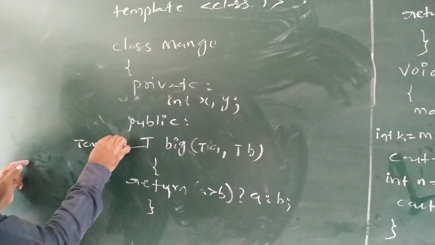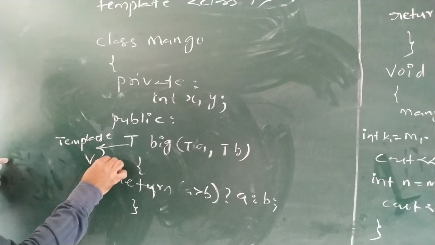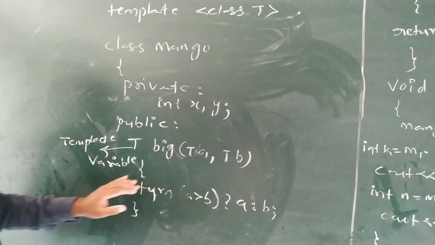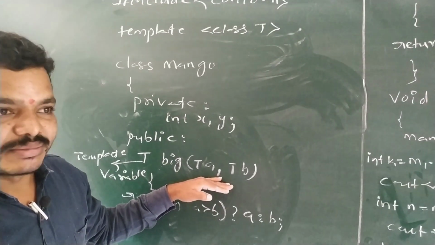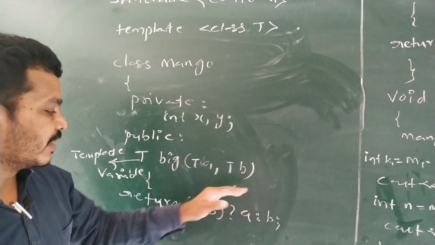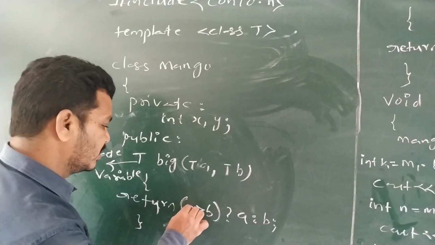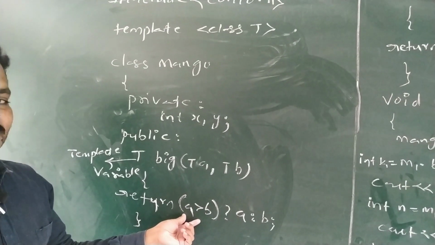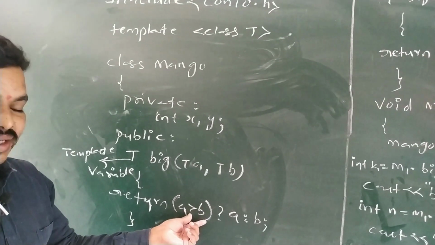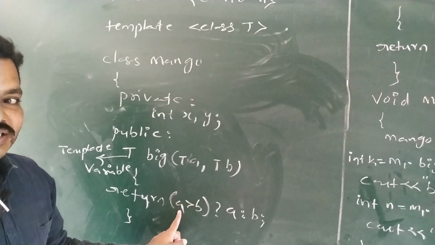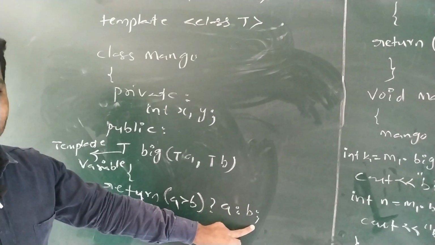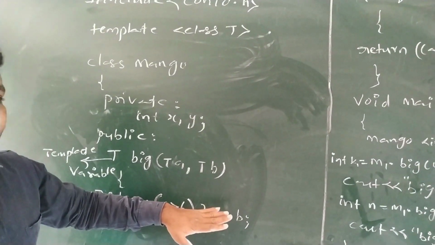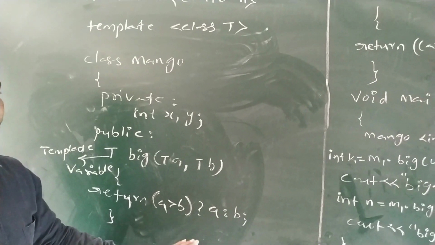Big with two variables: I am taking two variables a, b. Between the two, this is the conditional operator a greater than b. If it is true, then a is displayed. If it is false, b is displayed. Then finally we find the largest value.